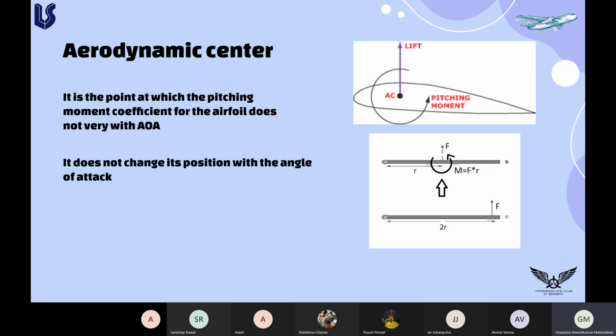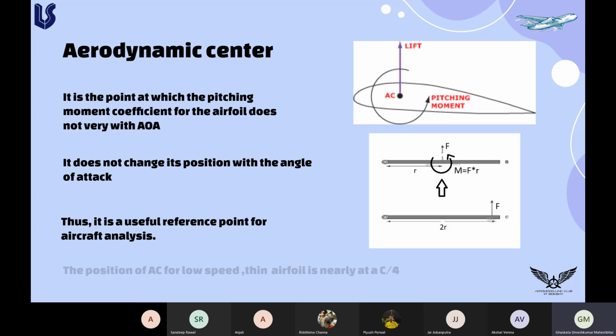The position of this aerodynamic center is not changed with the angle of attack, so we can take it as a reference point. Generally, for a low speed aircraft and thin airfoil, it is nearly at c by 4.